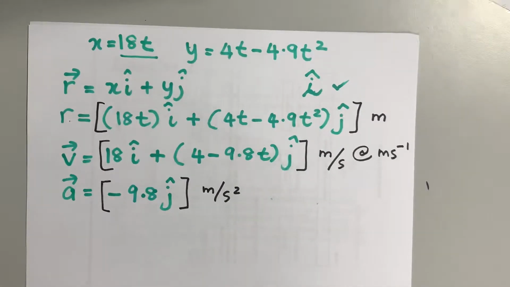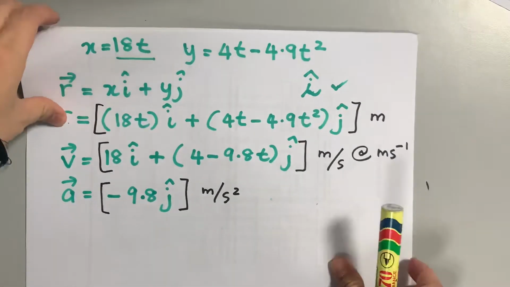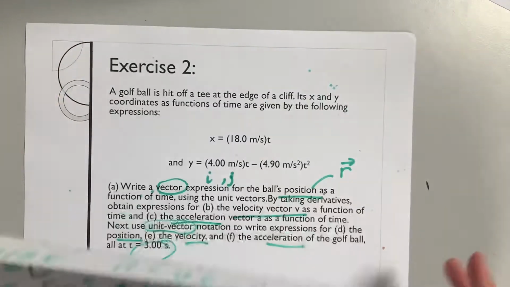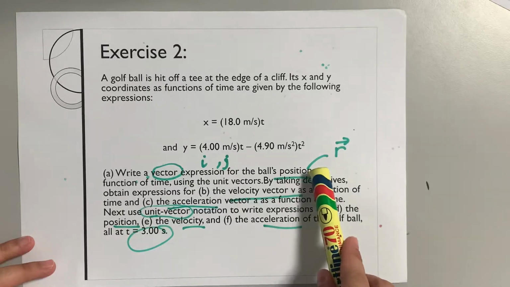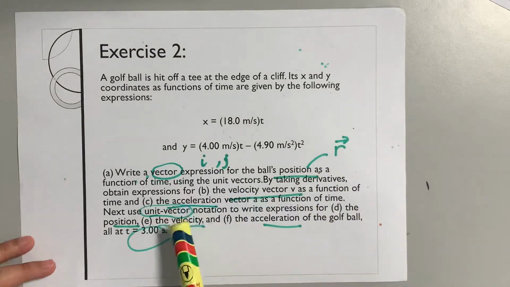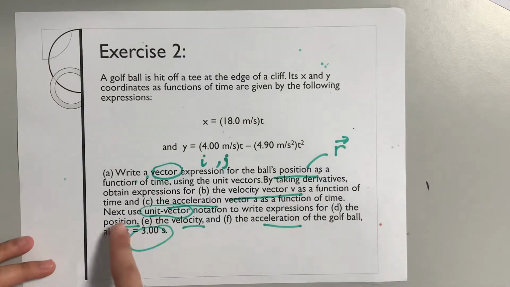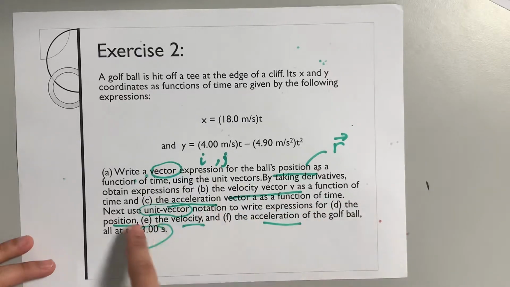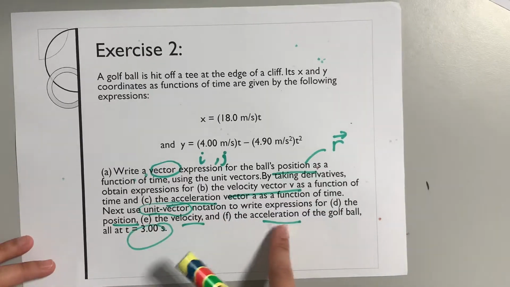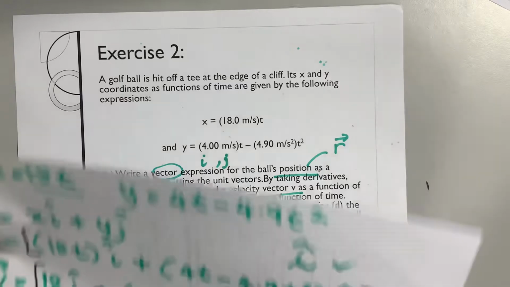Okay, the next question is about, so you settled position, velocity vector and acceleration expression. Next, use unit vector notation, means still in i and j, to write expression for the position, velocity and acceleration at 3 seconds.